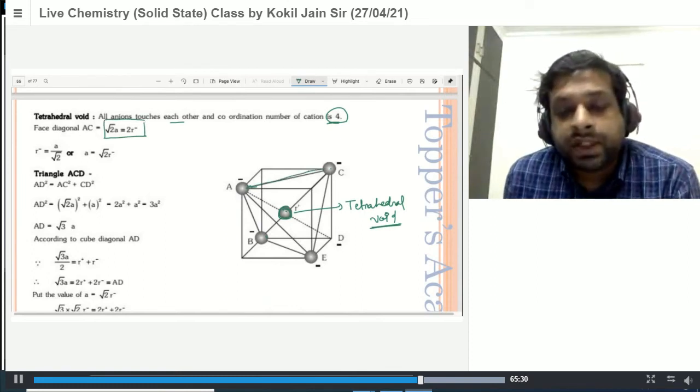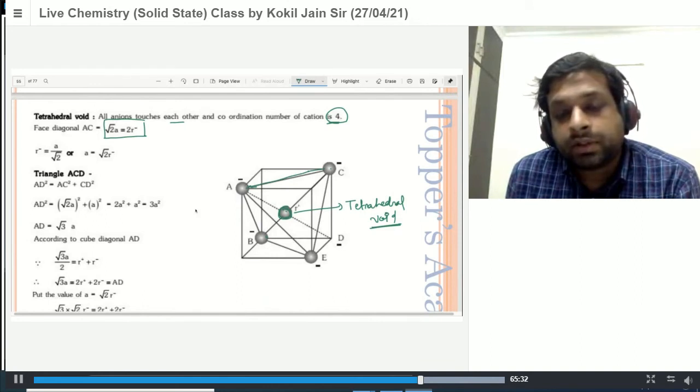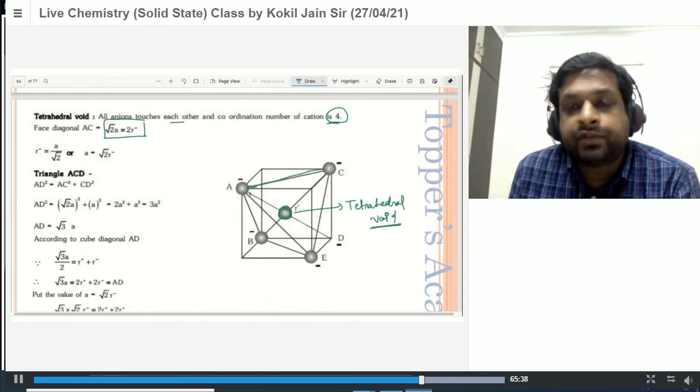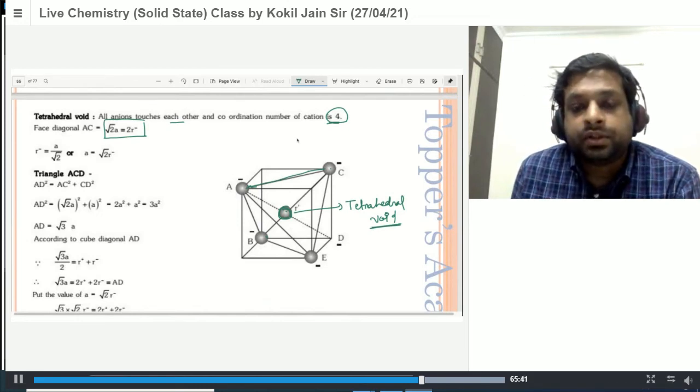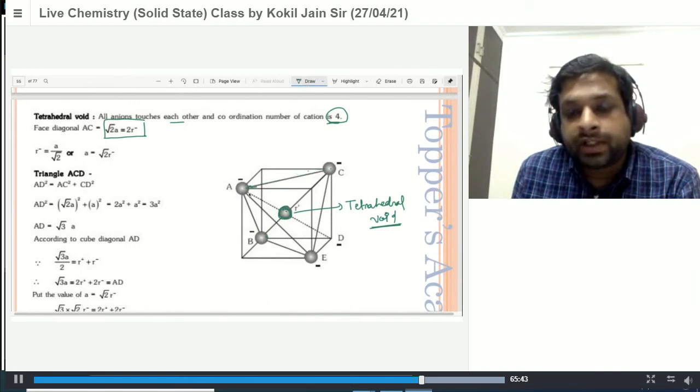Now see another arrangement, another diagonal, the body diagonal. Across the body diagonal, you see this cation is present here.